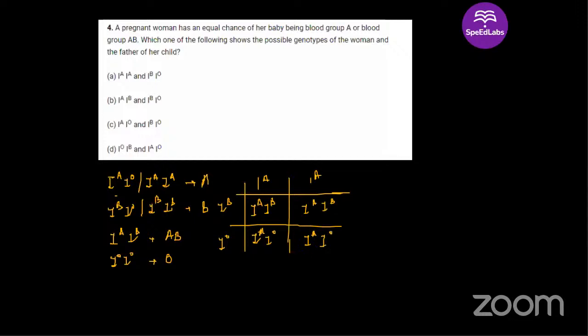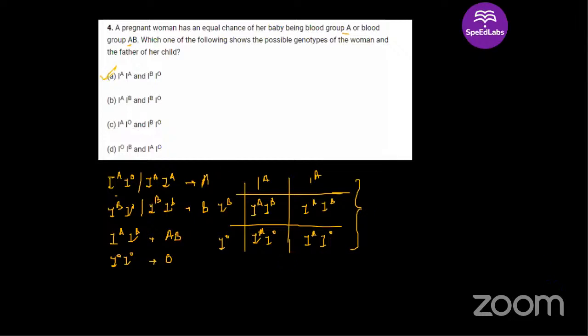These are the possibilities. The question asks that the chances of her baby being blood group A or blood group AB are equal. In this Punnett square, can everybody see that there is an equal chance of the blood group of the baby being AB or A? Yes, there is a 50-50% chance, so your answer will be A.